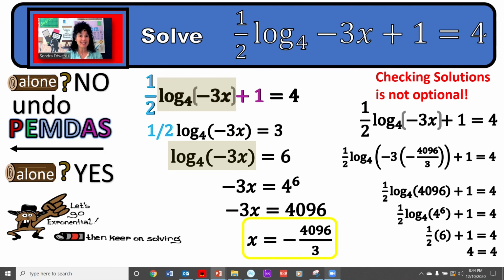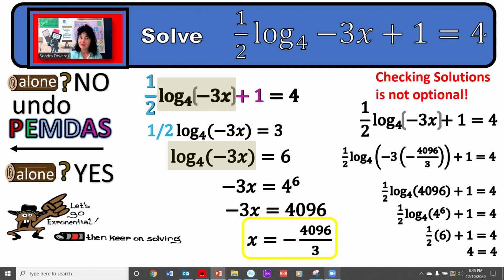I know in all the examples that I have shown you today, all of the answers have checked out, but that will not always be the case. So please, please be sure that once you solve an equation where the original has you taking the log of something with x, you check those solutions. Okay, and then the quick recap so far about how to solve an equation with a logarithm, part 1.